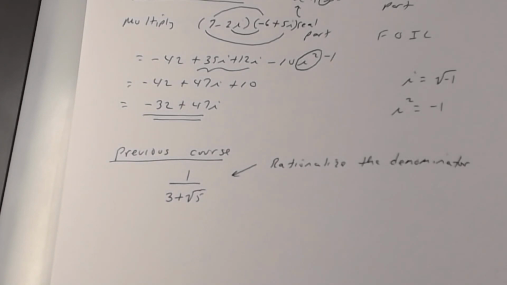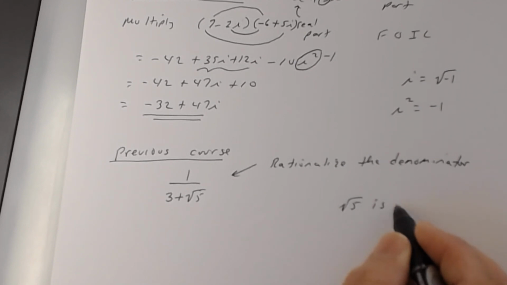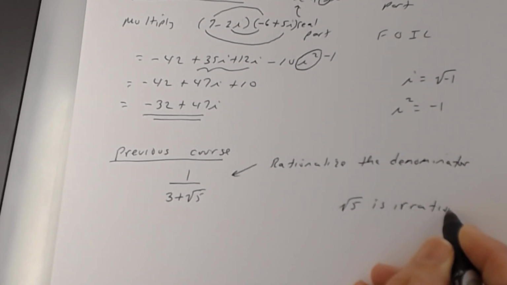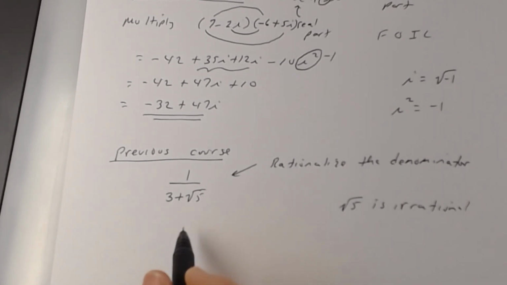In rationalize the denominator, the word rationalize contains the word rational. So I'm going to ask you, do you see that square root of 5? Is that a rational or irrational number? It's an irrational number. What you want to do is make this denominator a rational number. And see how this is a binomial?